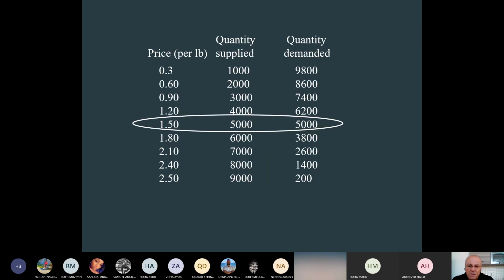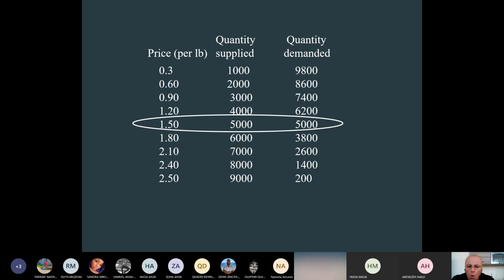Let's see how it is going to be realized. As given here, the price, the quantity supplied, and the quantity demanded are introduced in this table. At price 0.3, there are 1,000 units produced, and of course 9,800 units are demanded. As you see, when the price is lower, the amount demanded is very high.